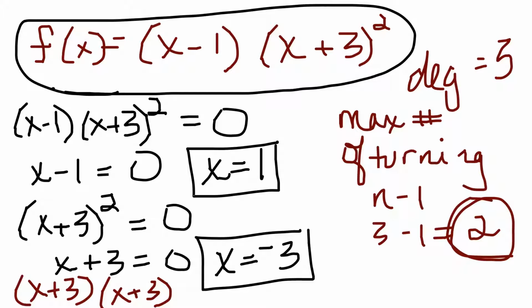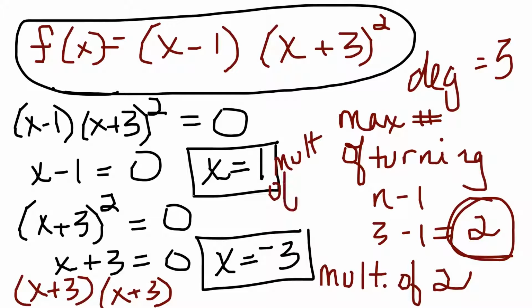This 0 is going to have a multiplicity of 2. Now this x equals 1, this 0 shows up once. So this has a multiplicity of 1. So I technically have 3 zeros, which corresponds with the fact that I have a degree of 3.